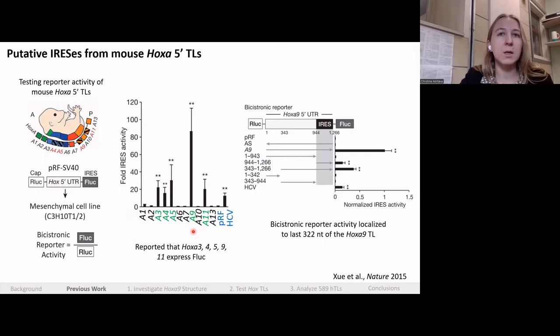They then deleted different parts of the Hoxa9 transcript leader to identify which region of the transcript leader is truly important for the F-Luc activity. So they deleted different parts of it and found that the 3' end of this transcript leader was most important for F-Luc activity. So they concluded that the 3' end is a key part for putative IRES activity.